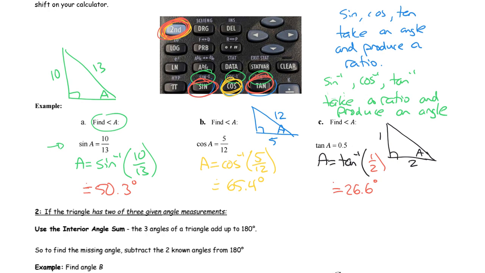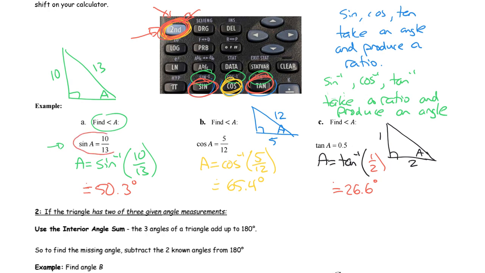Okay, so anytime you're going to find the angle, you're going to use that second button on your calculator to access the operation that is just above the sine, cos, and tan. Because I'll say it again, sine, cos, and tan take an angle and produce a ratio. That's why each one of these looks like this.